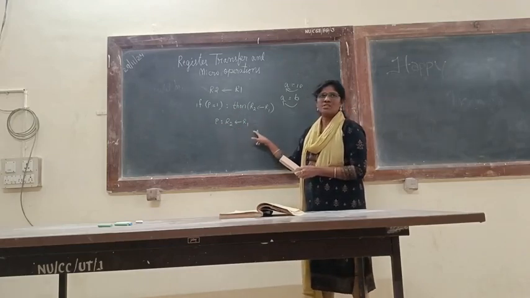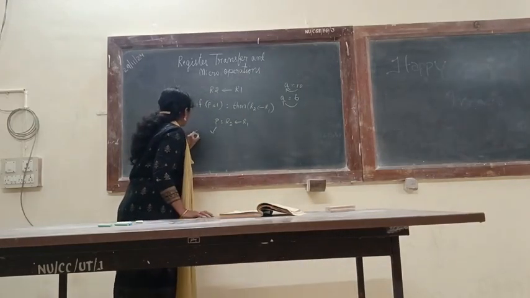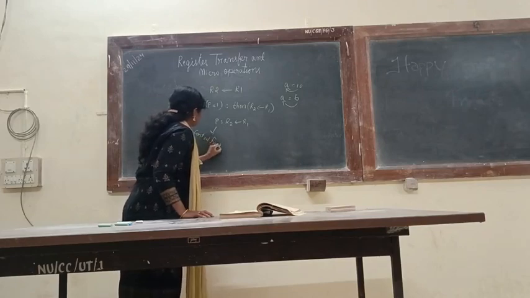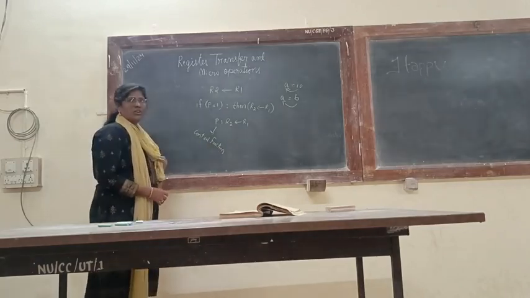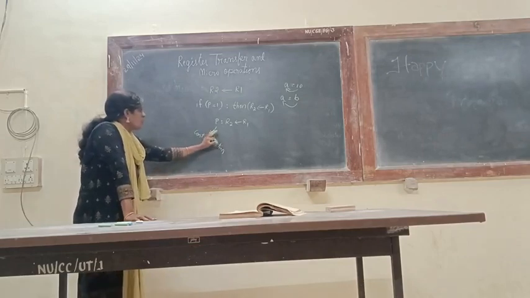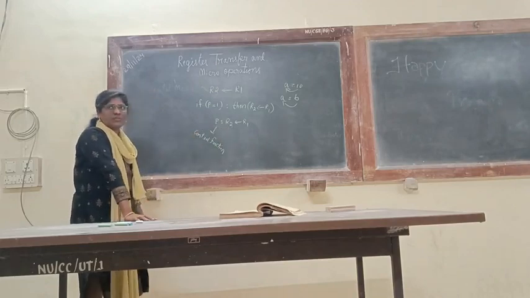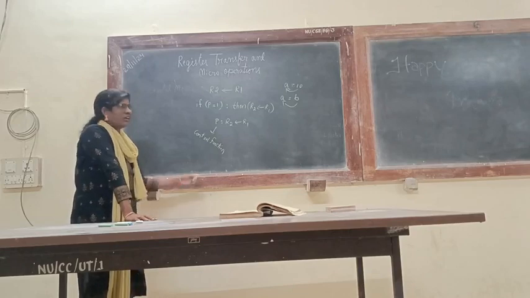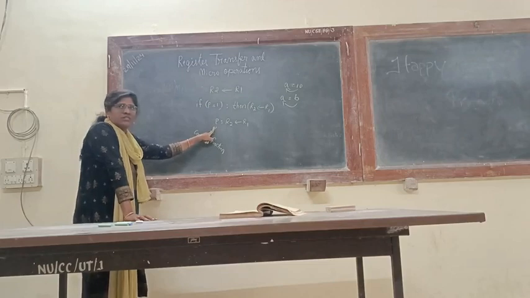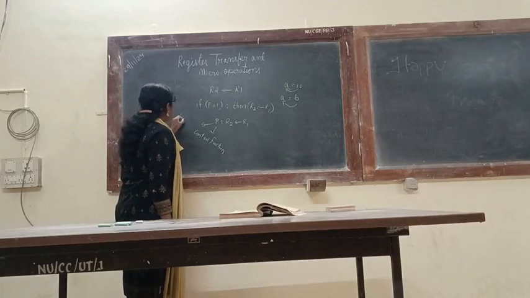Here P is a control variable or control function. When this control function is enabled, then only this operation will be performed. Enabled means 1.